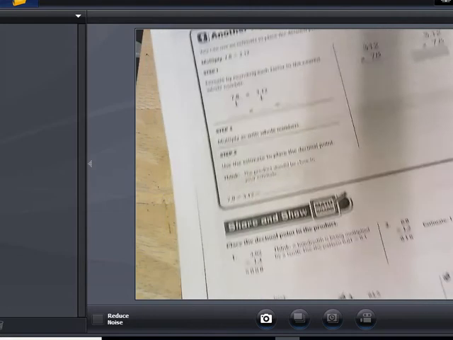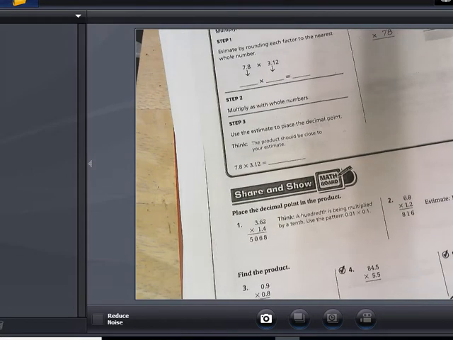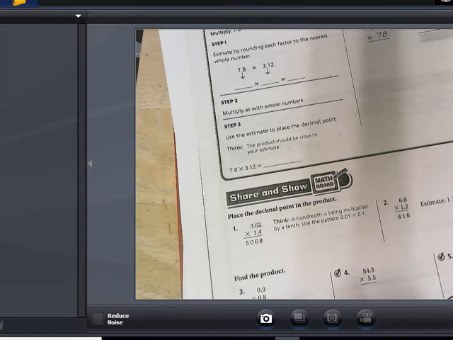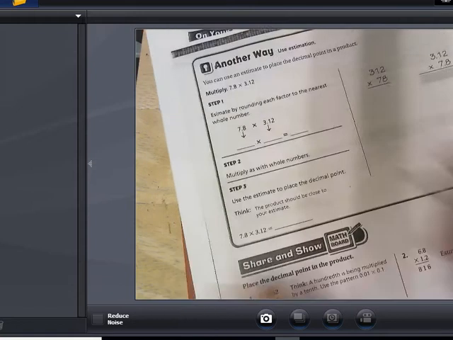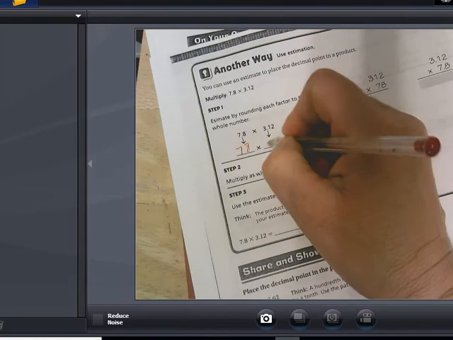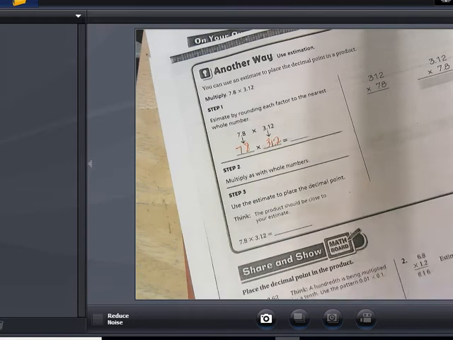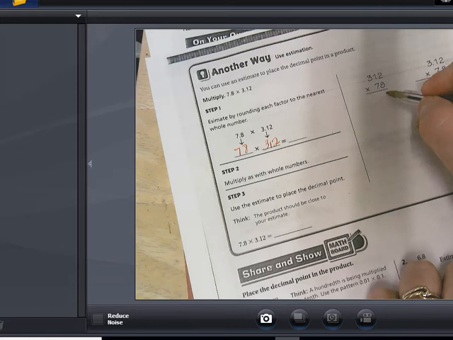Here's just an easier way of doing it, guys. I don't know if they're showing us this, but we can think of it as 78 times 312, and I'm just going to multiply that like I really would.